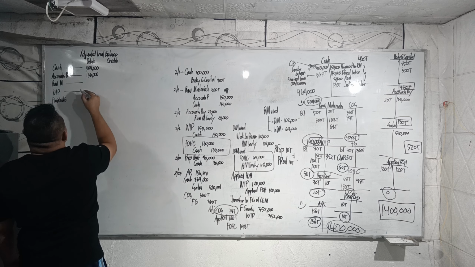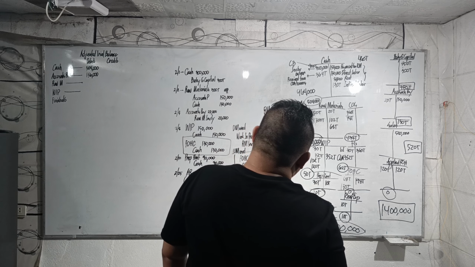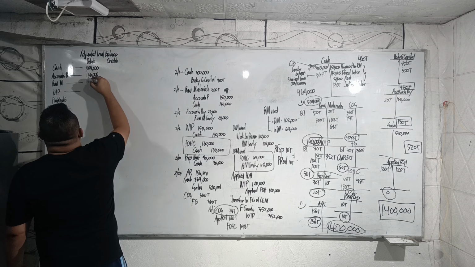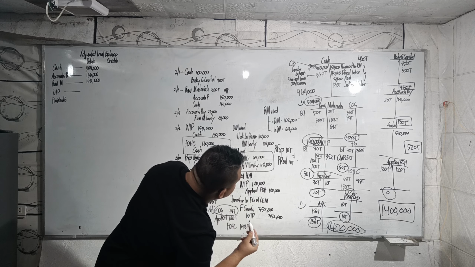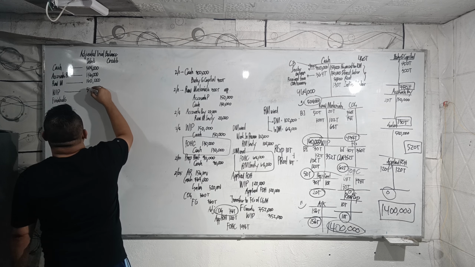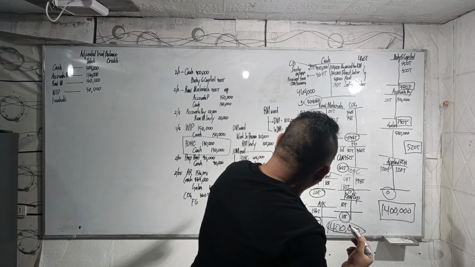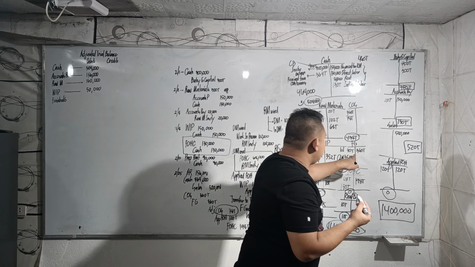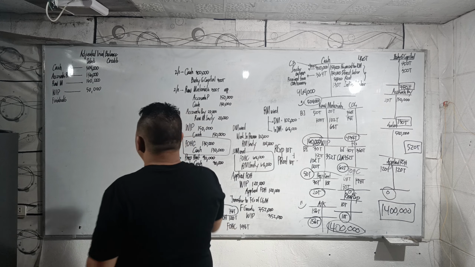So we have work in process. The raw materials is 160,000. The work in process is 50,000, and the finished goods. Where did we have finished goods? Here's the finished goods. 62,000.